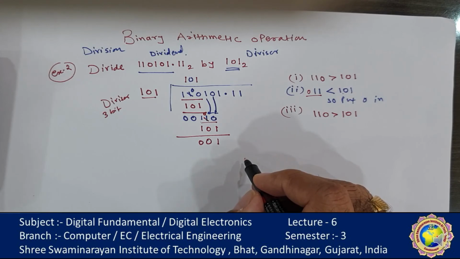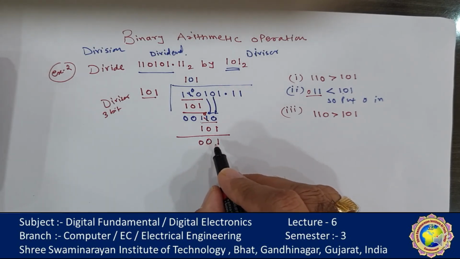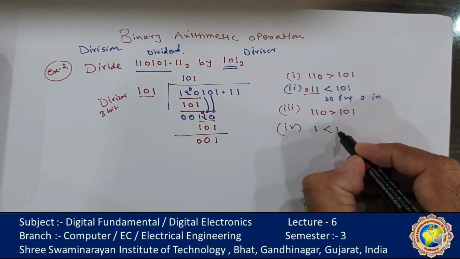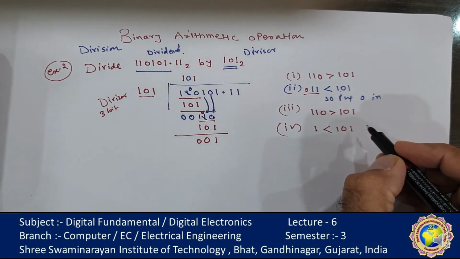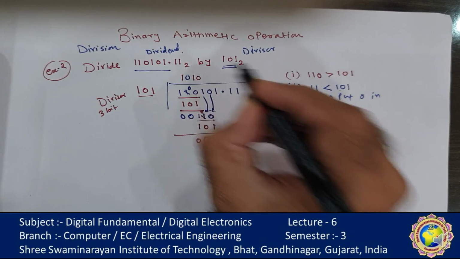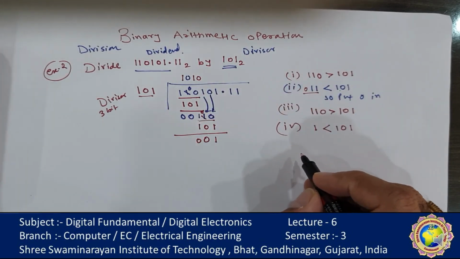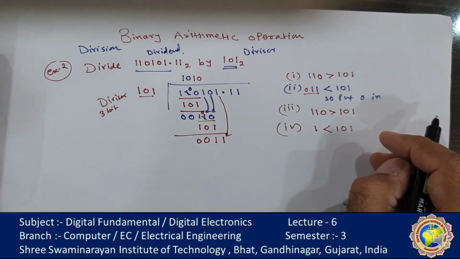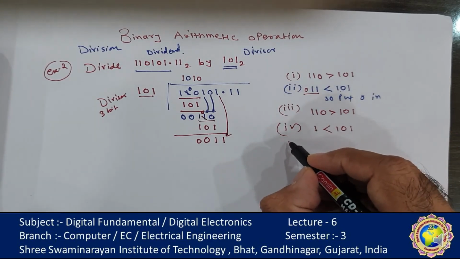Okay. Now 001. Is it possible? 1 is less than 101. We have to put 0 here again. So this 1 will become here. Now next what happens?